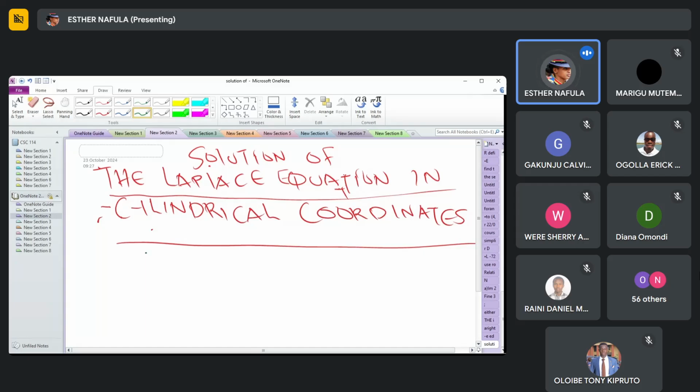The Laplacian, nabla squared u equals 0.